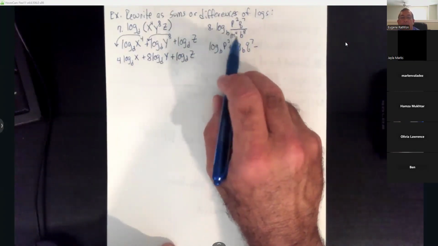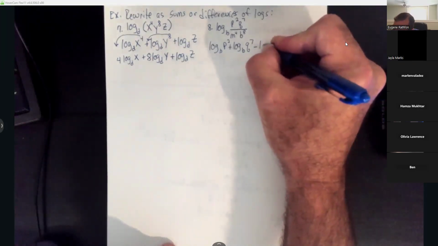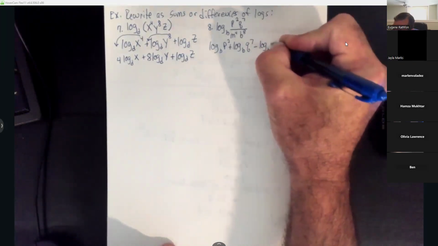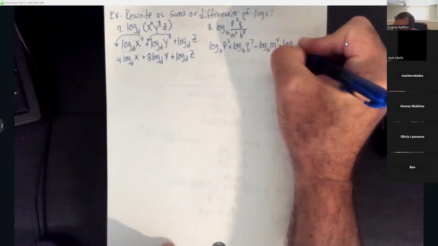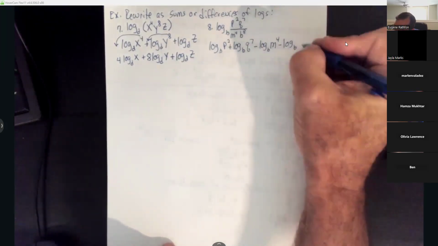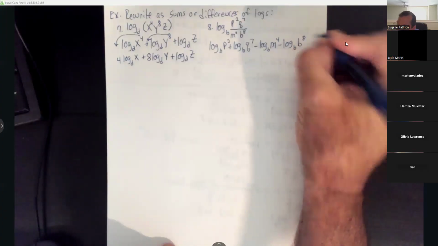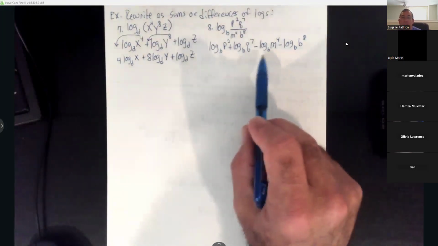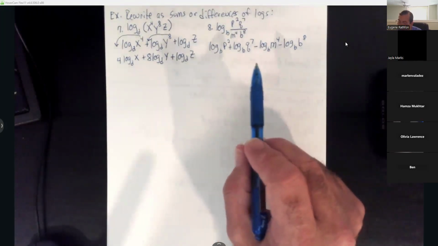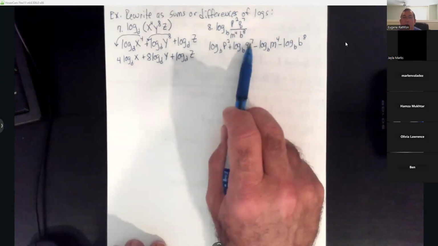So log base B of M to the fourth, and then minus my log base B of B to the eighth. So we've got it rewritten as our sums and differences, but now I got exponents.